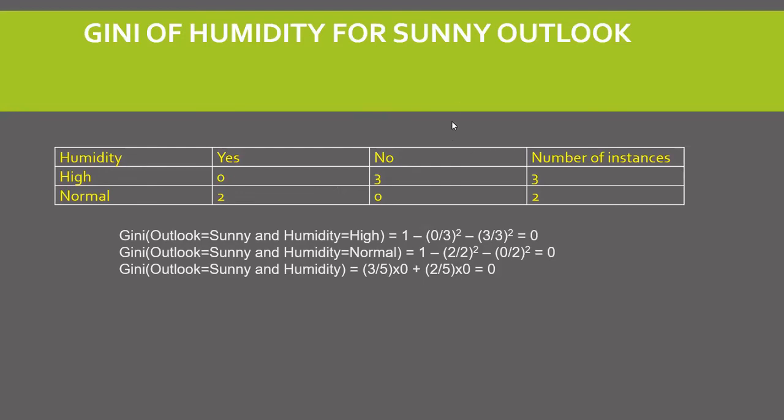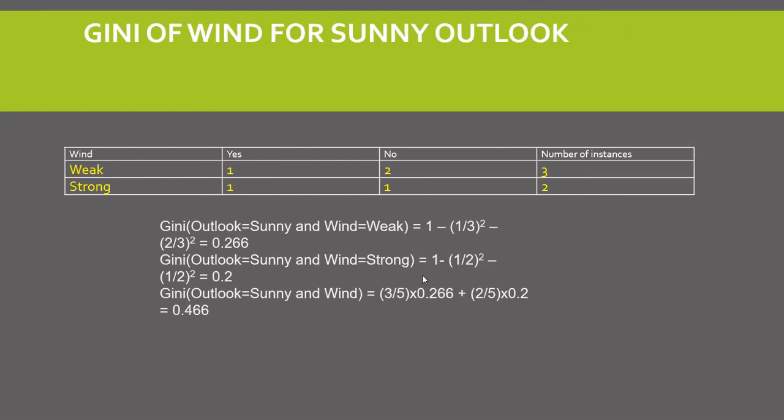For sunny outlook, yes 3 times, no 0 times, and no 3 times, yes 0 times, no 2 times, yes 0 times. When you find the Gini indexes, all the values are 0, because of 1 minus (3/3) squared minus (0/3) squared, and 1 minus (2/2) squared minus (0/2) squared. The answer is 0.